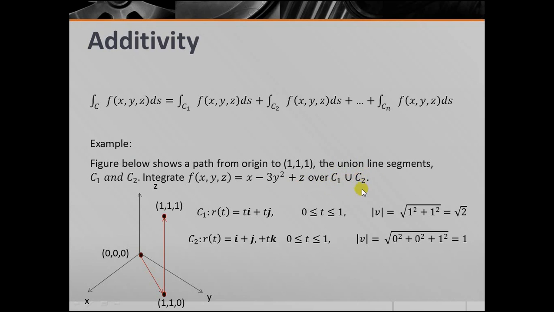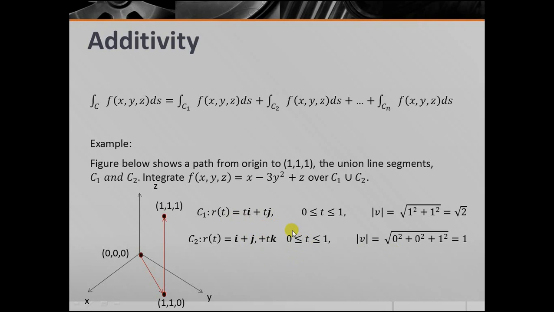We first have to find the vector r(t), define the interval for t, and find out the magnitude of v for both line segments. These are the data we obtained. Notice that the r(t) for C1 is ti plus tj. Z is equal to 0, and both x and y vary in this case.